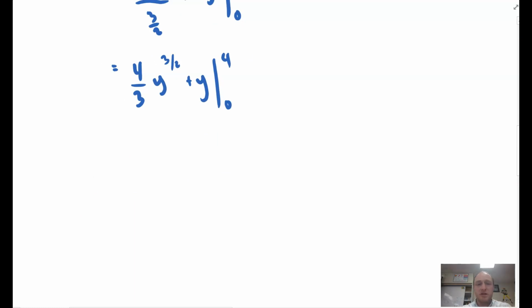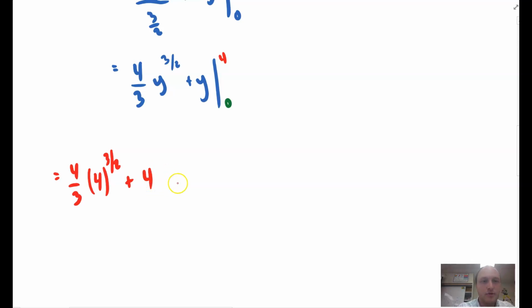Here's what we're going to do. I'm going to rewrite these two values in different colors because I want you to see this. I'll write this one in red and this one in green. After you've integrated, you just evaluate these values. So we have 4/3, and now I'm plugging in 4 for y to the power of 3/2 plus y, which is 4.